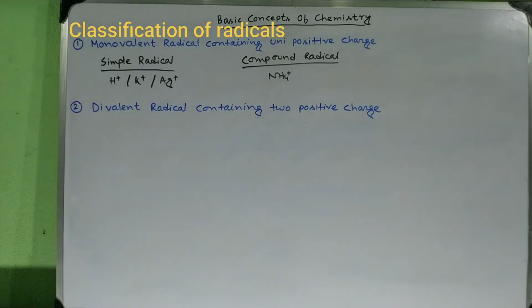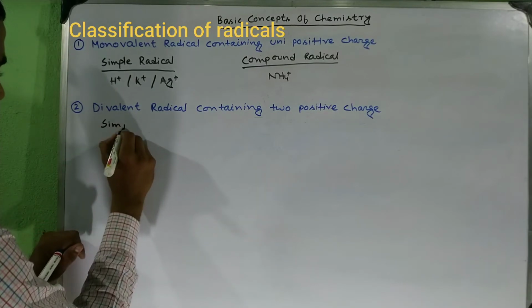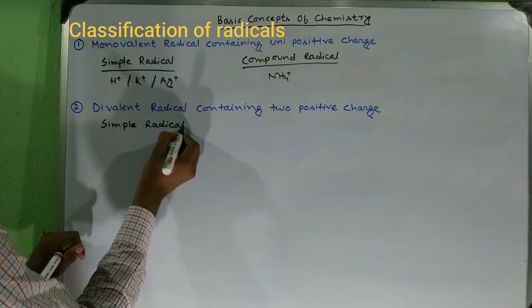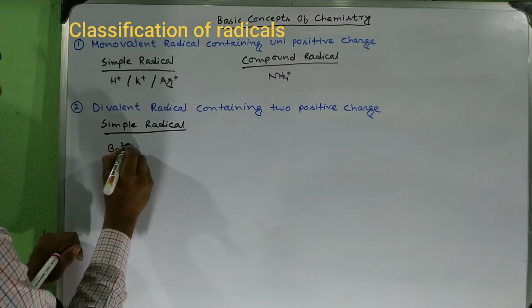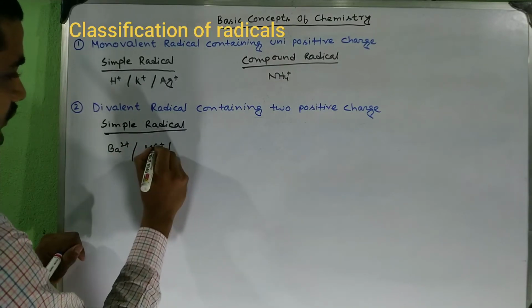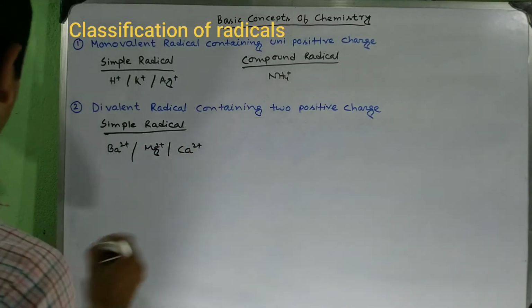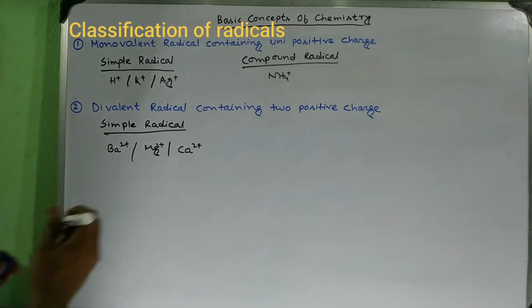Here the simple radicals are Ba2 plus, Mg2 plus, Ca2 plus, etc.